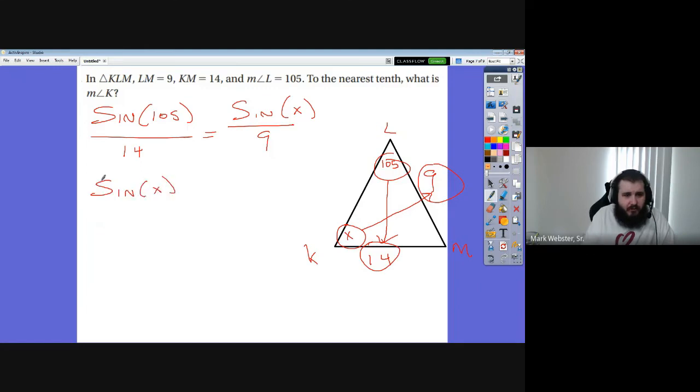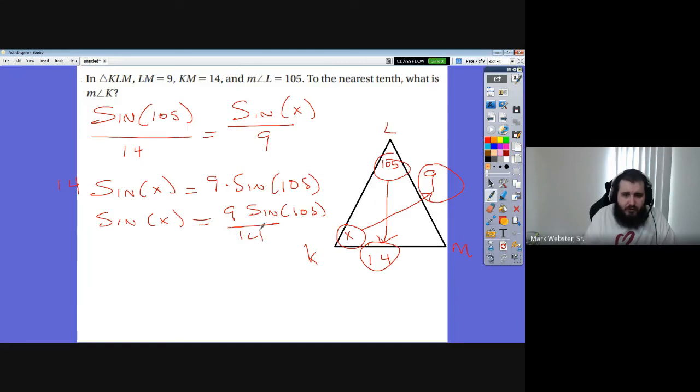Sine of x times 14 equals 9 times the sine of 105. Divide away the 14. We get sine of x equals 9 sine of 105 over 14.